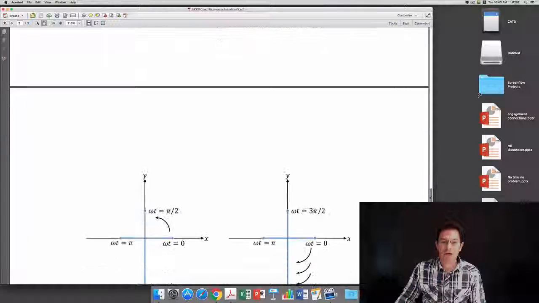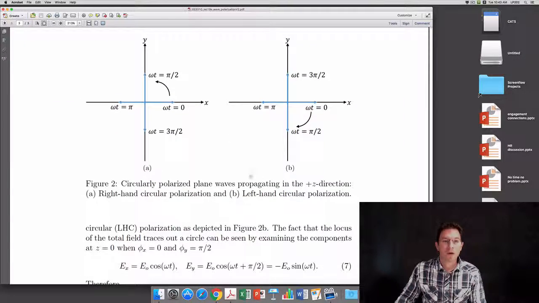Let's go down to the figure now. Okay, so here we are at omega t equals 0. We decided that the electric field points entirely along the x direction, and then at omega t equals pi over 2, we decided it points entirely along the y direction, and it can be shown that at omega t equals pi, it points along the negative x direction.